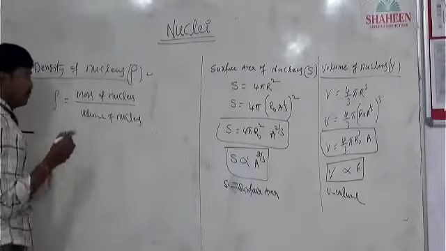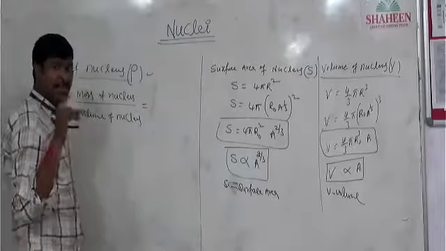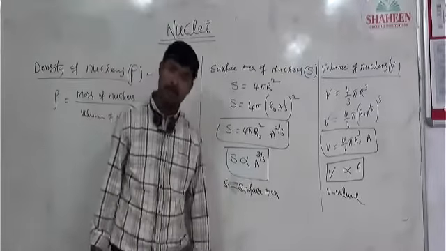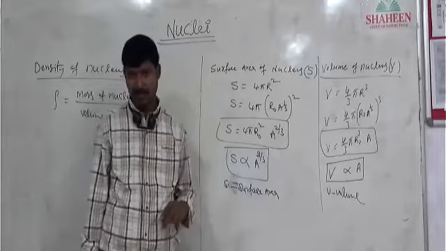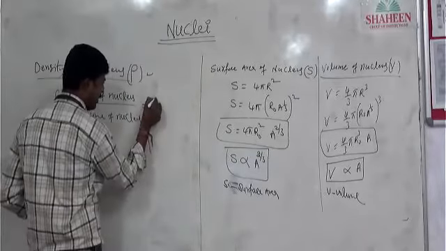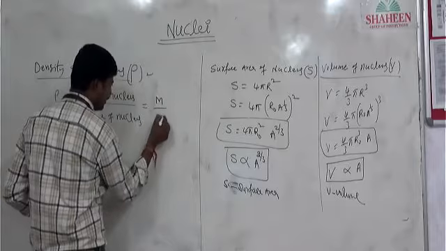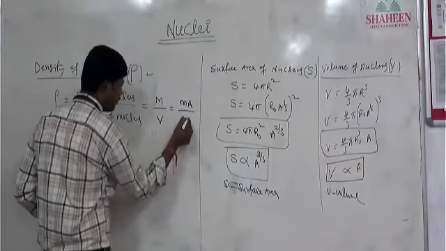If you remember, I wrote the average mass of nucleon, m, into total nucleon number A, the mass number. So can I write mass of nucleus, capital M, by V as small m into A by V?